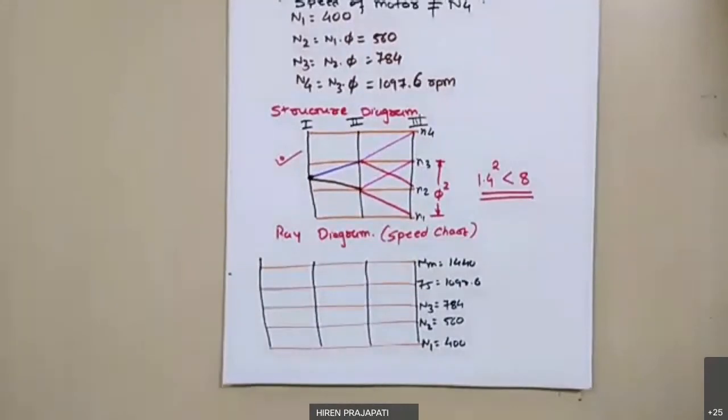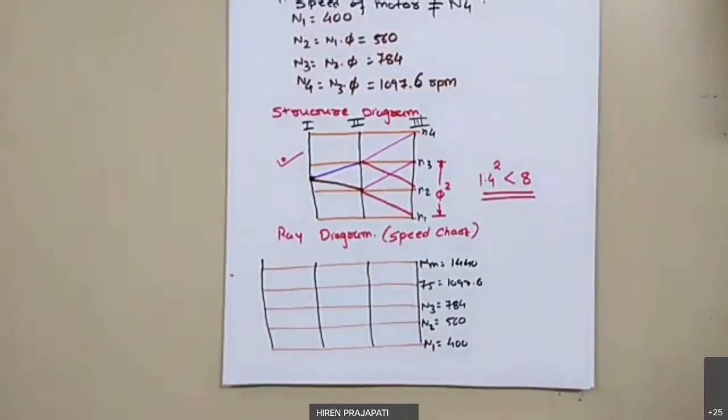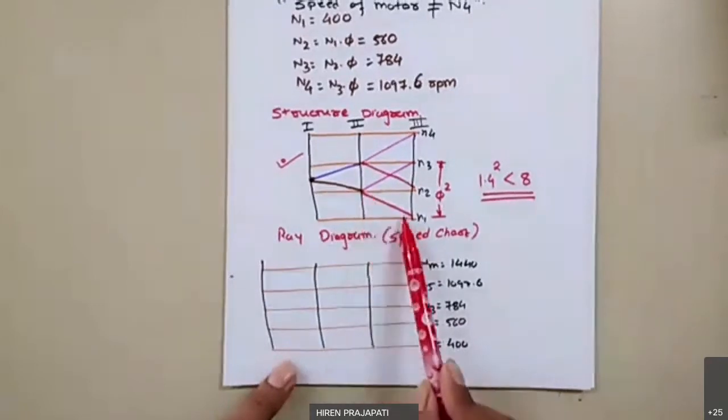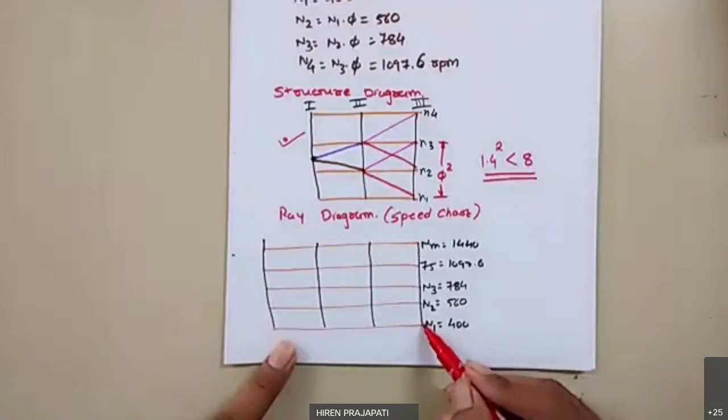Okay, now let us start the ray diagram. Our requirement is to go for minimum shaft diameter, not minimum radial dimension. So with this, first we pick the last ray of the structure diagram. As per the structure diagram, we are starting from N1.